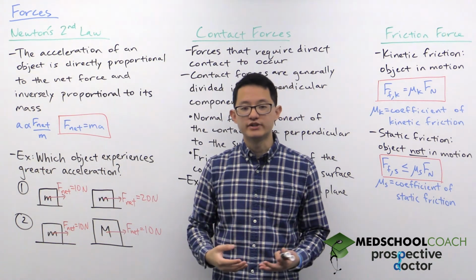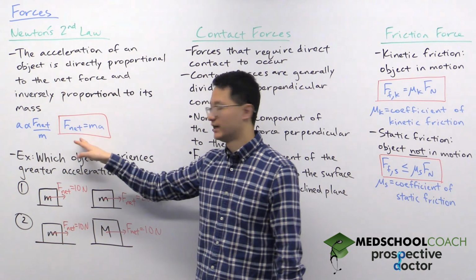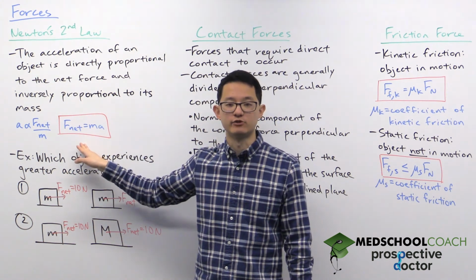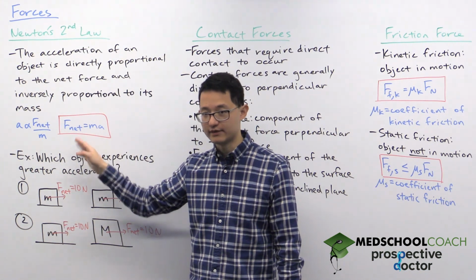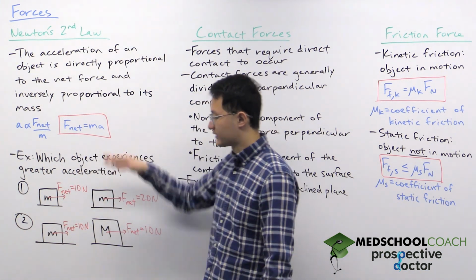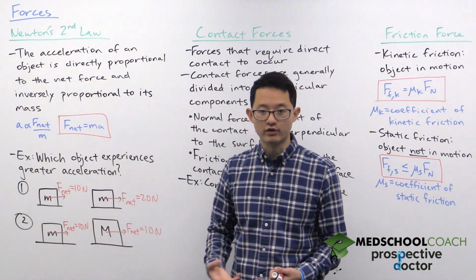Generally, this equation is rearranged to get this famous version where the net force is equal to ma. This is definitely an equation you want to know for the MCAT. And what's helpful about this equation is it also tells us what the units for force are.